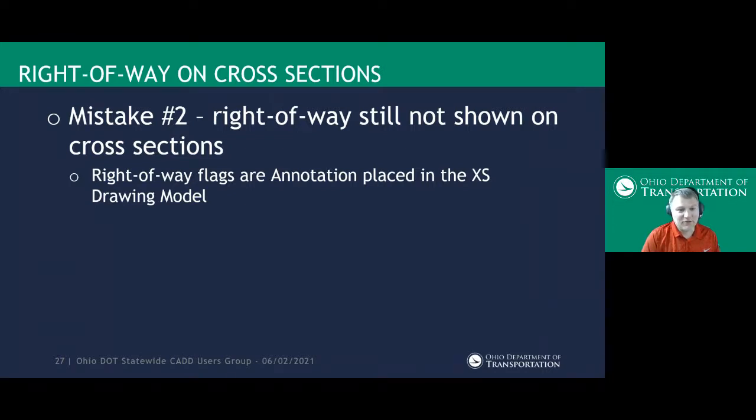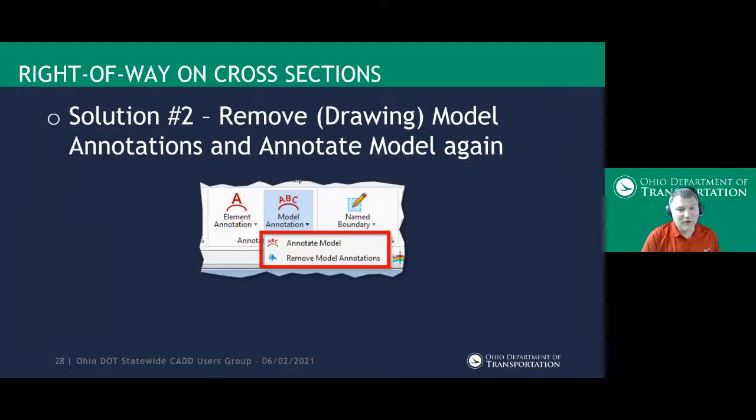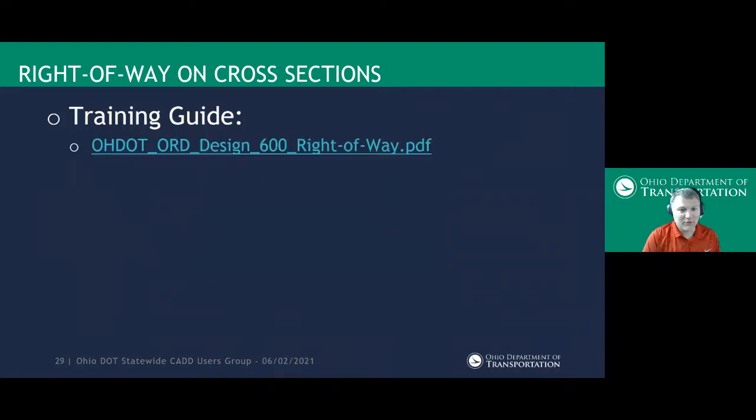It's just not the case because they're actually annotations. The solution is to remove the drawing model annotations and then re-annotate those models again. That will prompt it to read the 3D model again, and any of those features that have profiles will be shown in your cross-section drawing models. I know I went through that pretty quick.